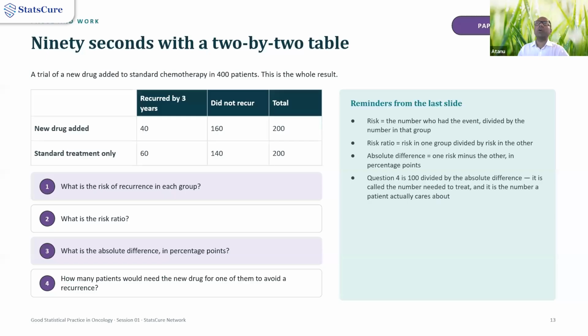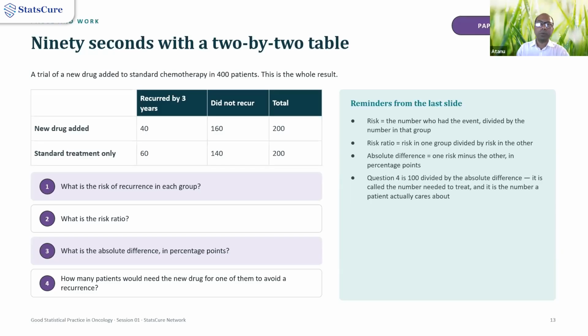Could we find out what the risk is here? Recurred by 3 years, so that is the occurrence of the event. Out of 400 people, 200 and 200 patients, 100 had recurrence by 3 years. So recurrence is basically called risk. So 100 out of 400 is the risk.